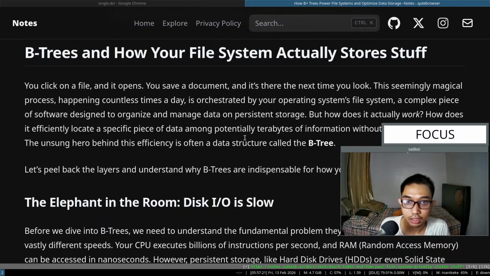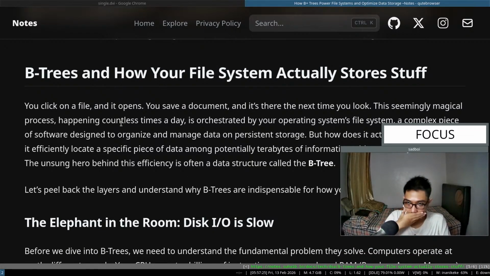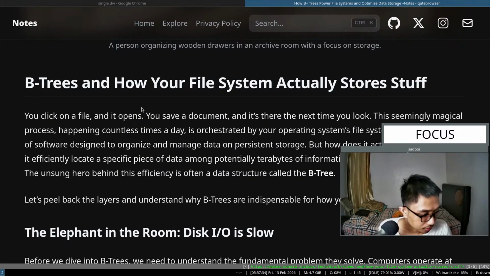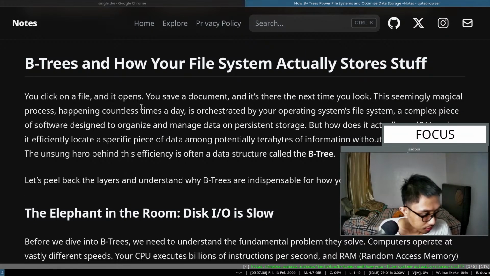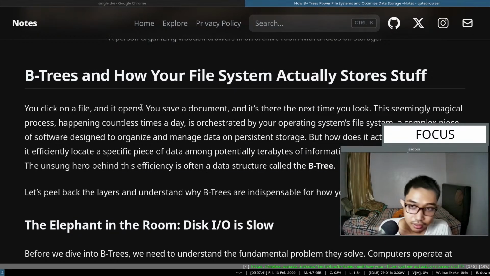Okay, P3s and how your file system actually stores stuff. Wait, the URL in the chat is there, right? I hope the URL is copied into the chat.